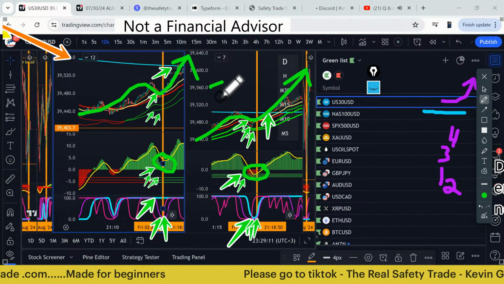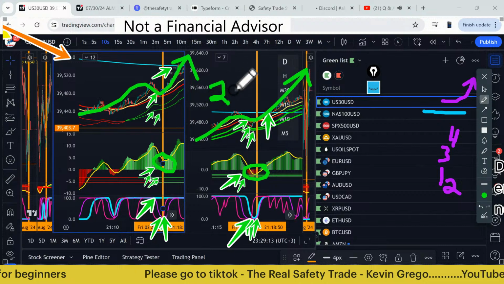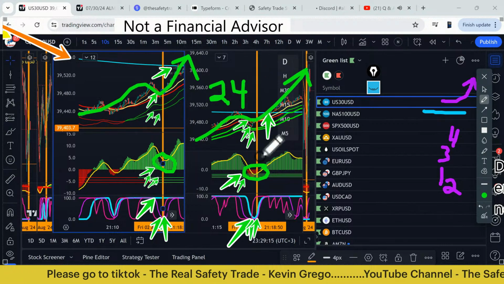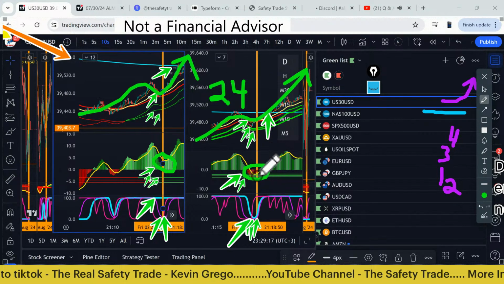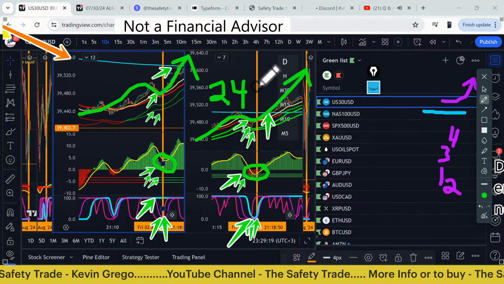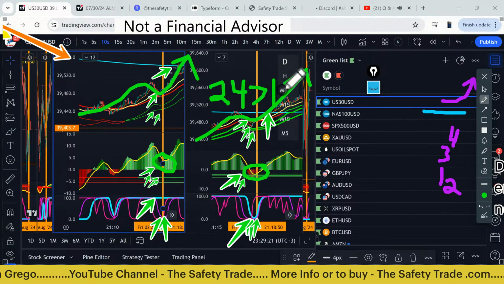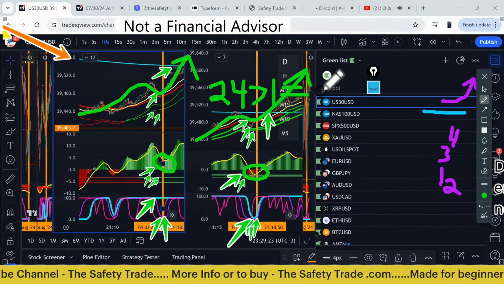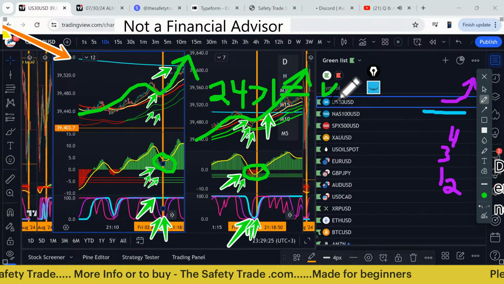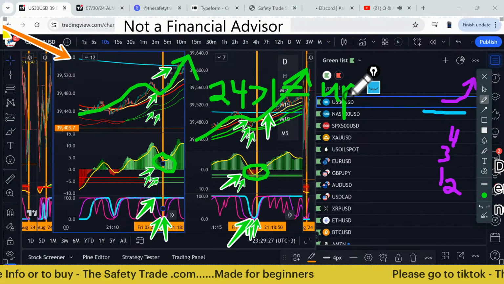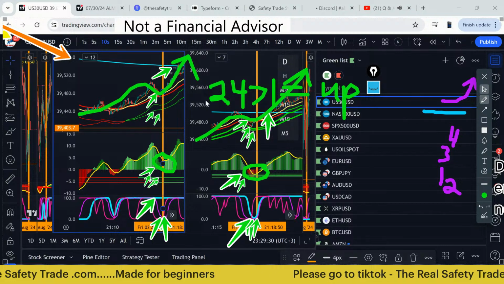You actually have 24 up signals, and there is one down. That is our bullshit measure. It's actually supposed to show that is greater than that one down, which equals an up. And it's as simple as that. We have 24 ups. This is how you remember this.